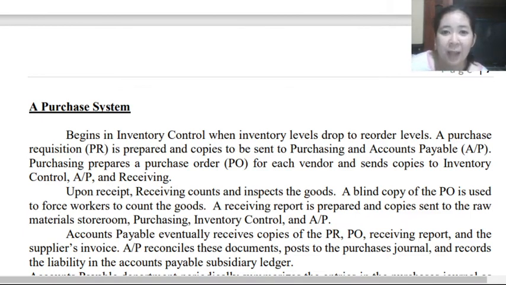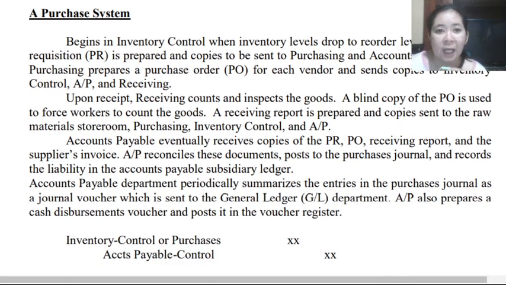After that, a receiving report will be prepared and a copy will be sent to the raw material storeroom, the purchasing department, inventory control, and the accounts payable department. The accounts payable department will eventually receive copies of the purchase requisition, purchase order, receiving report, and the supplier's invoice.